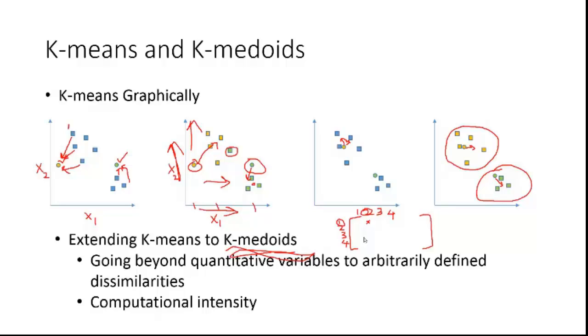When I give you a dissimilarity matrix, you can get it through completely different ways. It can be a user survey, or it can be something extremely subjective where you say, I feel like 1 and 2 are different by this much, and I can tell you how different 1 and 3 are, and how different 1 and 4 are, and so on.